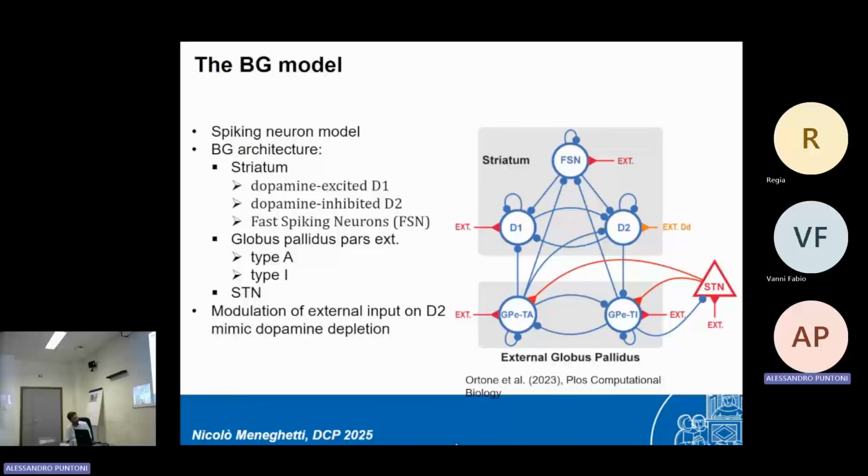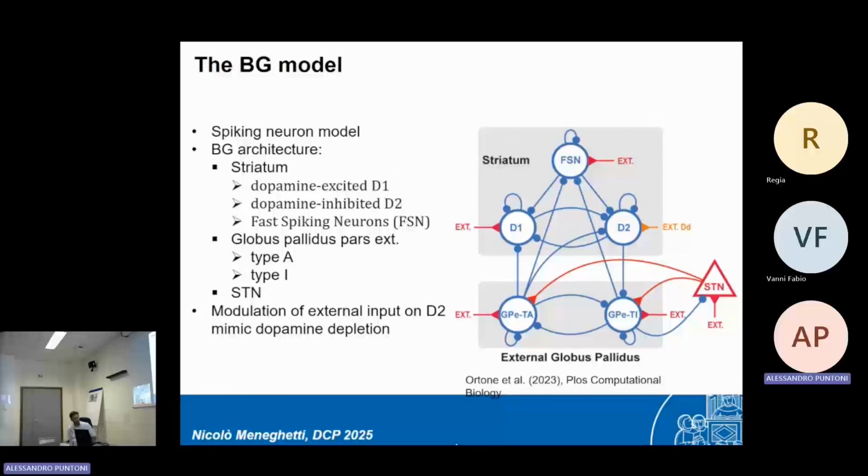And we are developing this computational model of basal ganglia dynamics. Very long story short, it is composed of more than 13,000 spiking, non-linear leaky integrate-and-fire neurons, subdivided into three macro families: the striatum, the external globus pallidus, and the STN, the subthalamic nucleus.